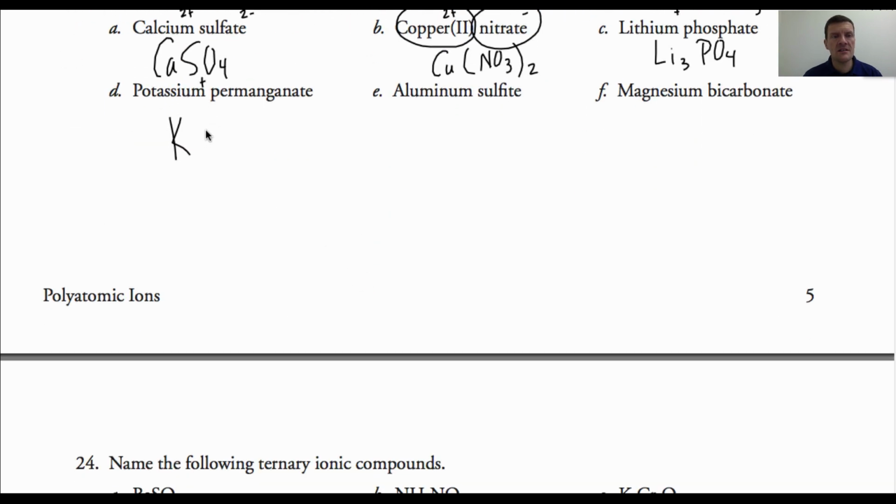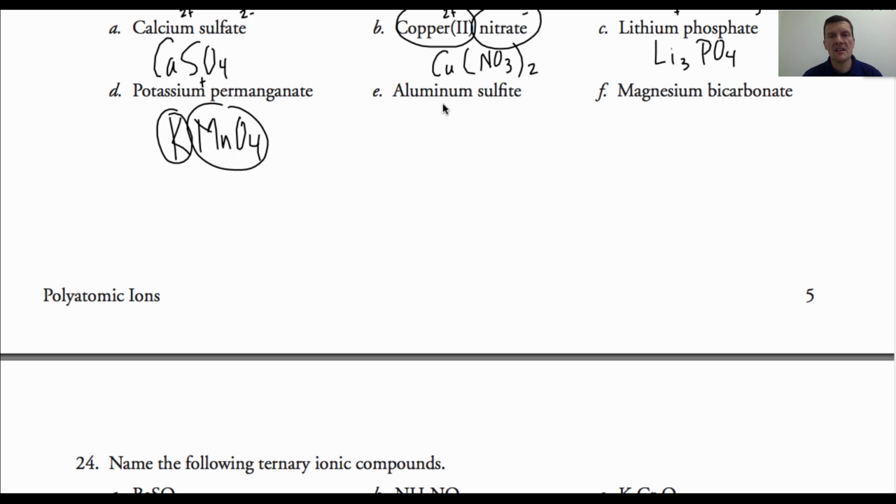Potassium permanganate. So MnO4 has a -1, potassium has a +1, so I just need 1 of each. This is my group. Here's my polyatomic ion, but I don't need to put it in parentheses because I don't need multiple of them.